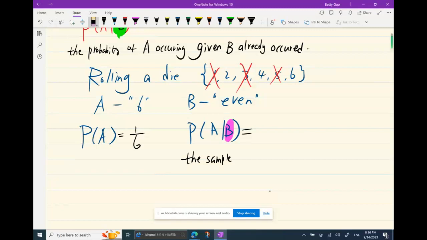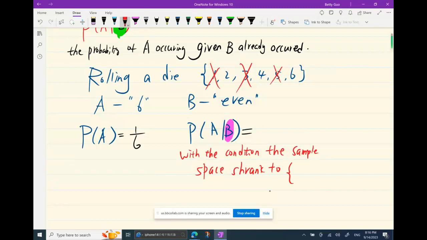Let me write it down. With the condition, the sample space shrunk to a different sample space now.